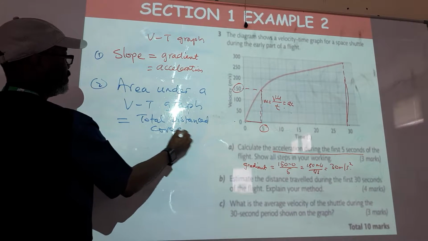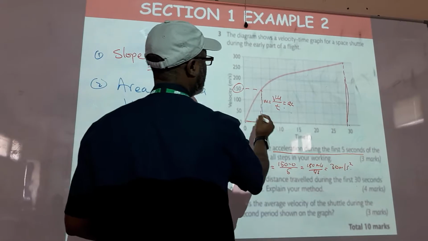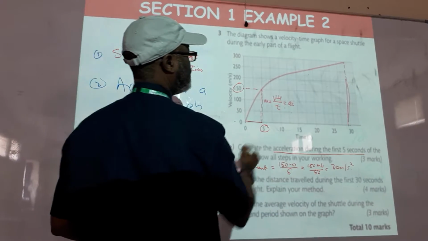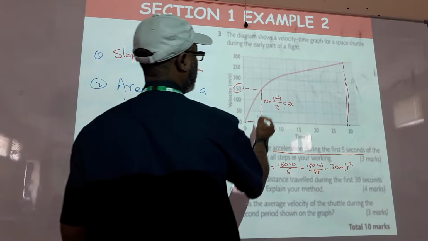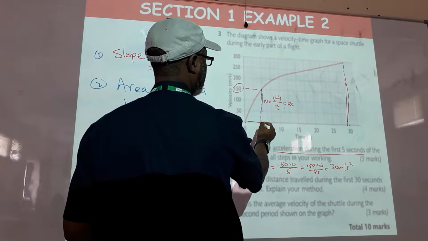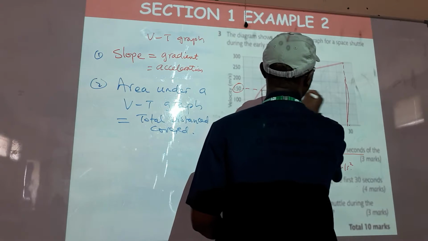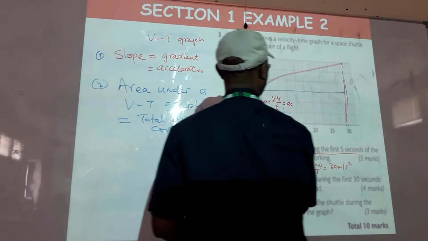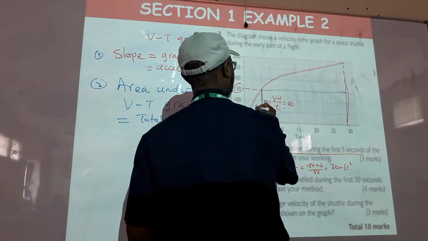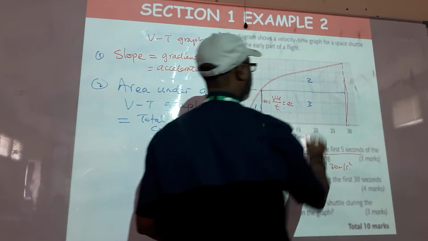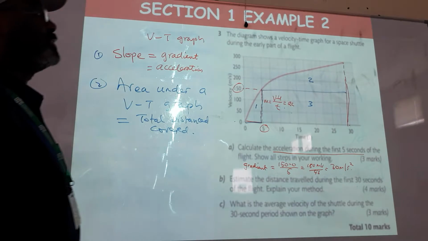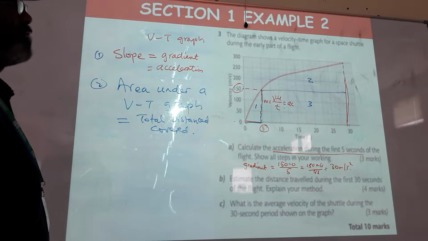In that section, if we decide to break this up, we can break it into the first triangle there, and since they asked us to estimate, another triangle, and a rectangle. So I have 2 triangles and 1 rectangle.